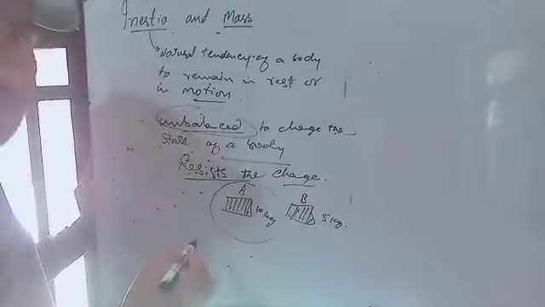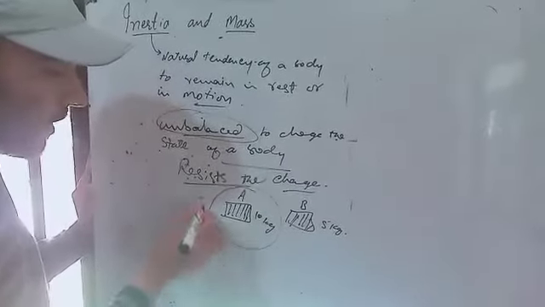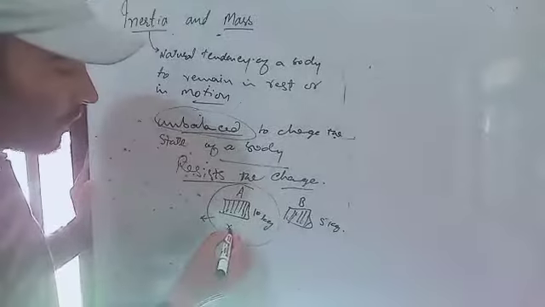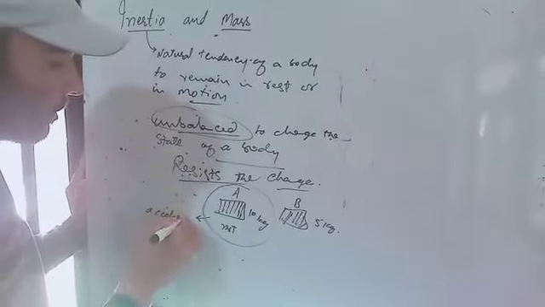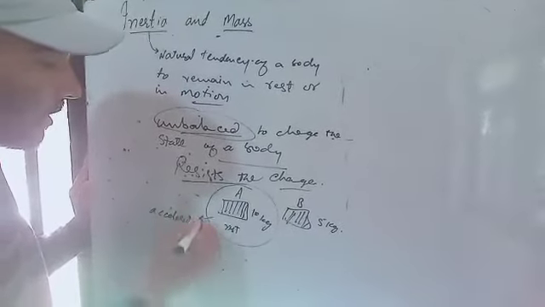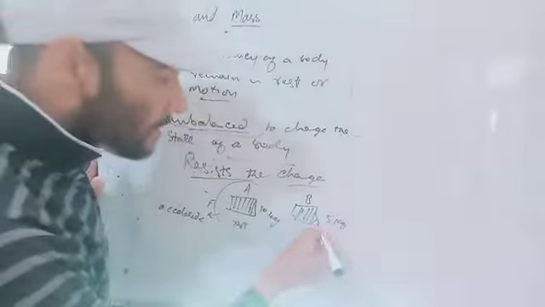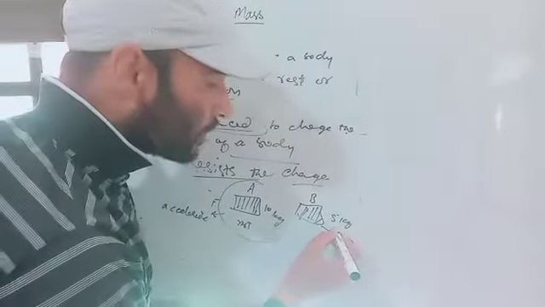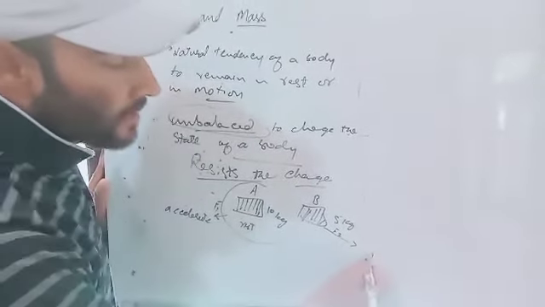How much force do you have to apply on this body so that it will change from rest and accelerate? If the force on one is F1, then the other must be F2.